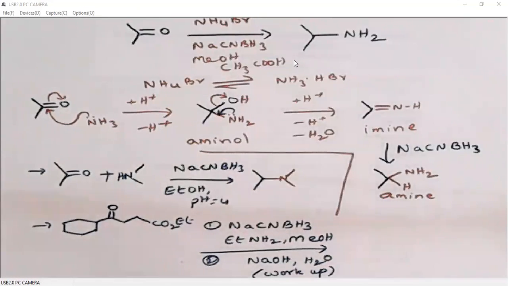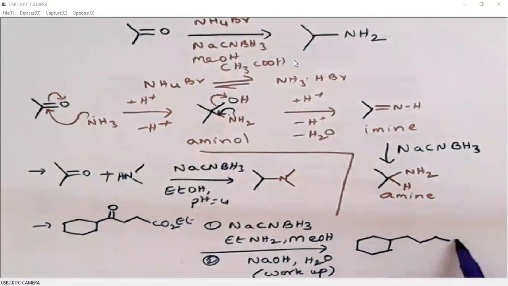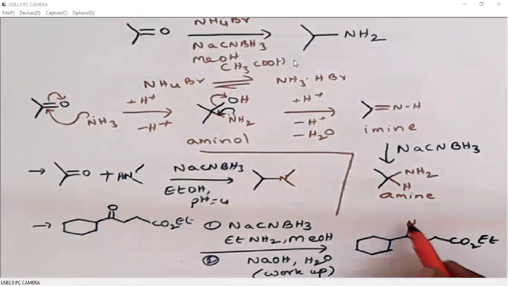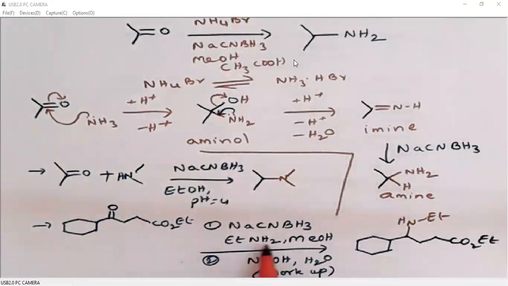So here it is an ethylamine, so we will get NH ethyl. When you look at the overall reaction, just remove one proton from nitrogen and add this nitrogen here.